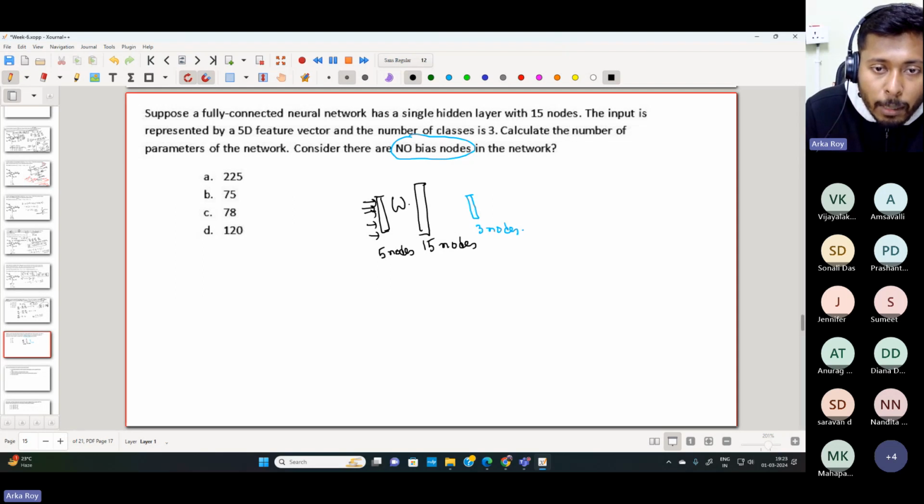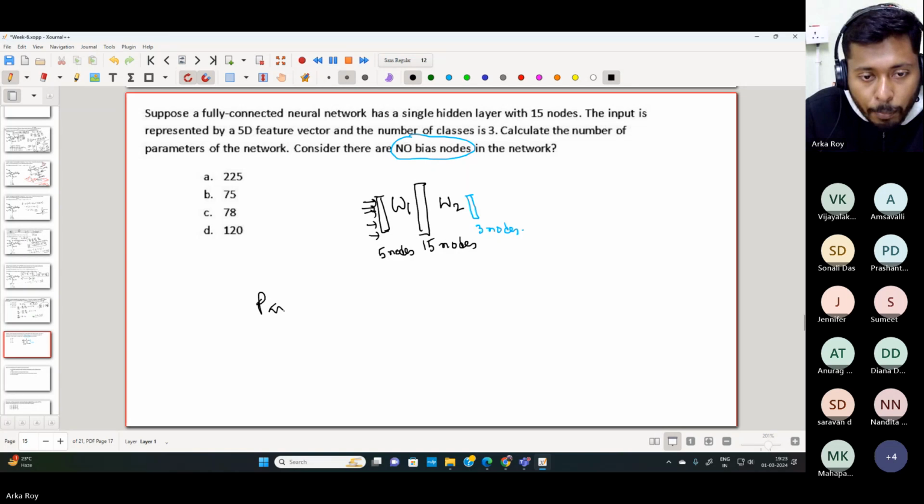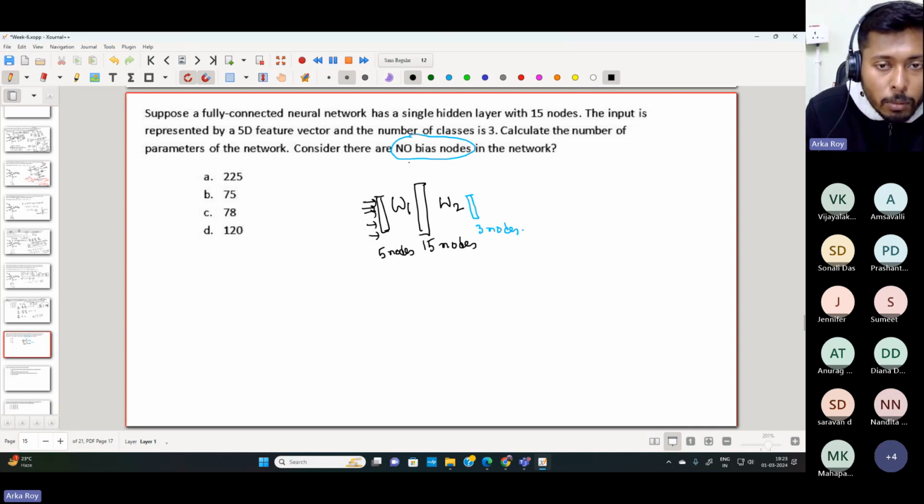That means if you have a W1 weight over here, and a W2 weight over here, how many elements do W1 and W2 both contain? Can you tell me what will be the size of W1? What will be the shape of W1?